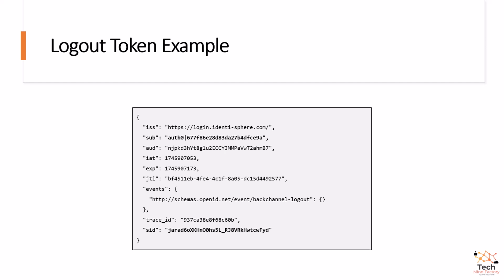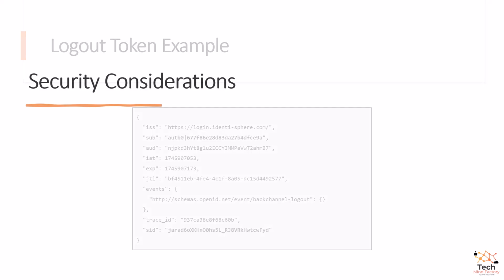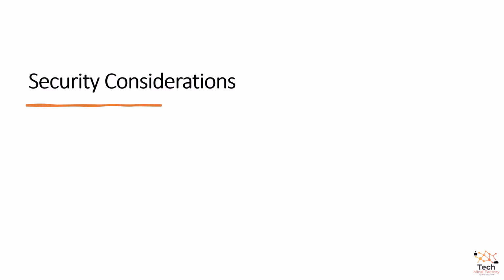Now the application obviously has to verify and validate this logout token. There are a couple of security considerations here. First of all, applications must have the ability to store the session ID, the sid claim value received during user login from the ID token, to retrieve it later when receiving a back-channel logout token from Auth0.